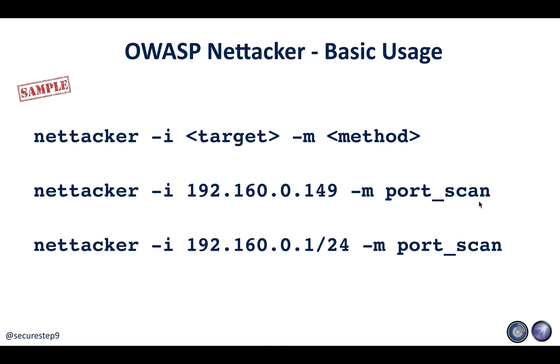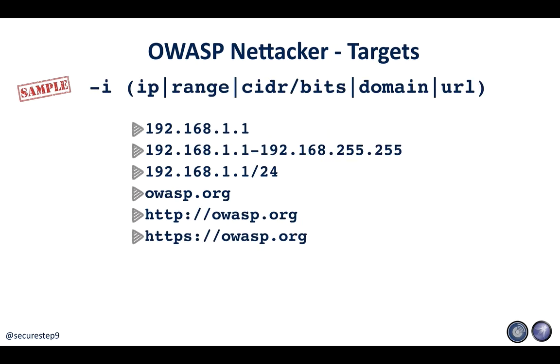Nettacker can also use a range of IP addresses as a target. So in this case, you can just specify the CIDR subnet, in this case /24. What you can also do is that OWASP Nettacker actually supports several other ways of specifying targets. So your target can be a single IP address.